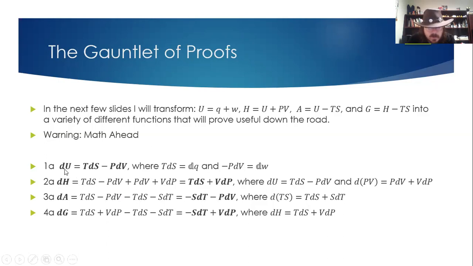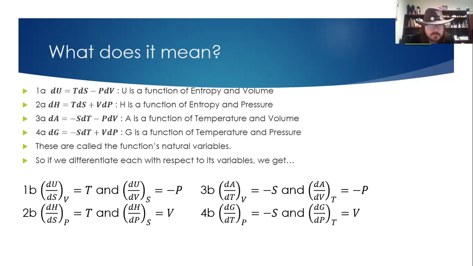We have right now some equations I've highlighted in bold, equations we actually need to look at. We have some statements of these variables U, H, A, and G in terms of state variables. So what does that mean? Our internal energy is a function of entropy and volume.